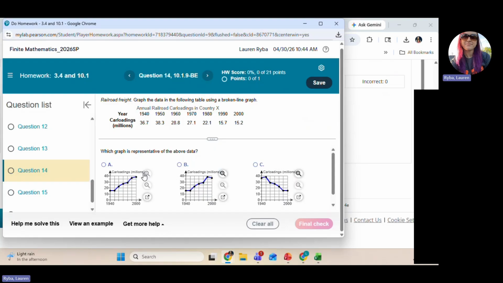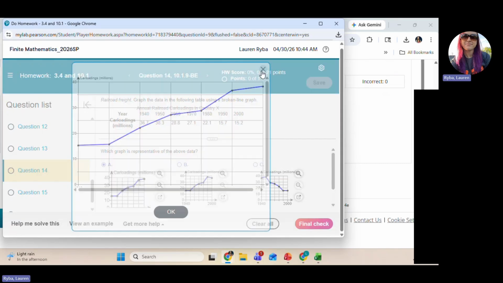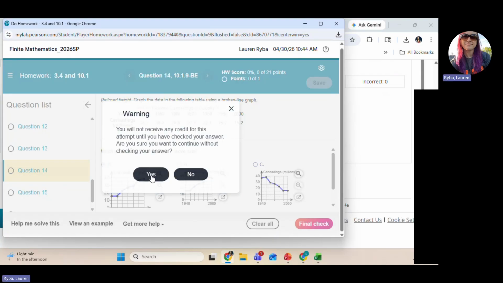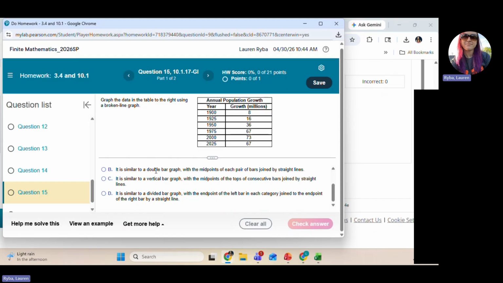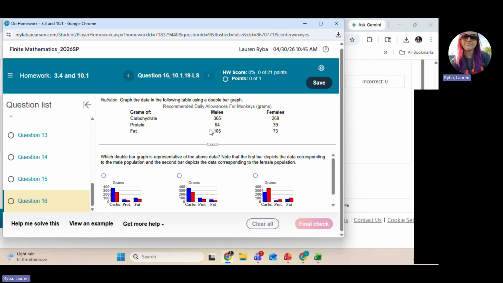Remember, if you ever need to see it bigger, you can always zoom in. You're going to make a broken line graph and talk about how you make a broken line graph, and then a side-by-side bar graph. So most of these are just matching. Can you find the correct graph from the data?